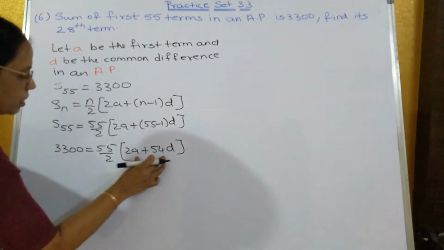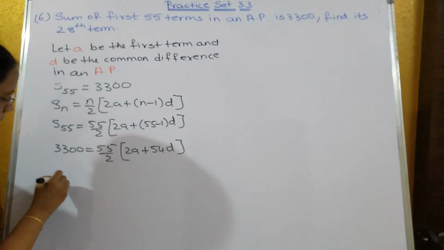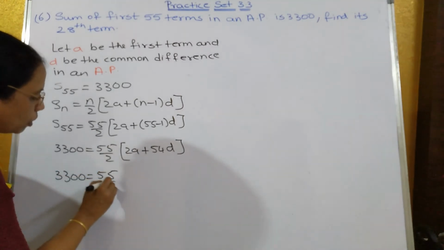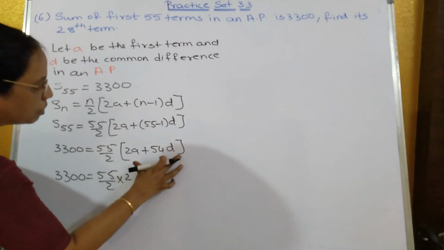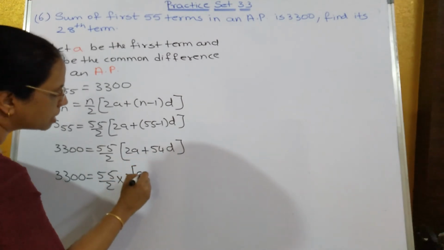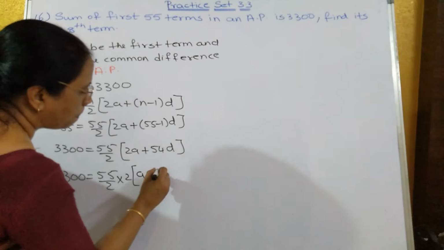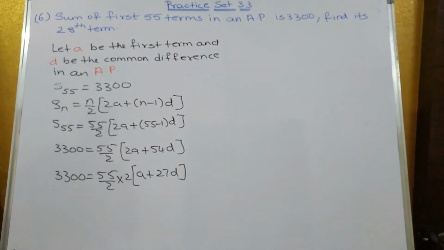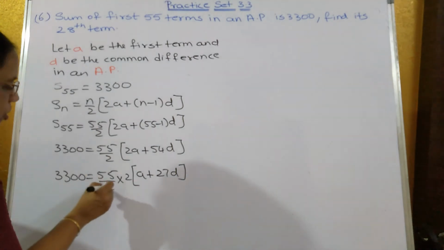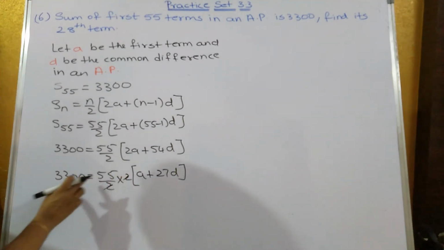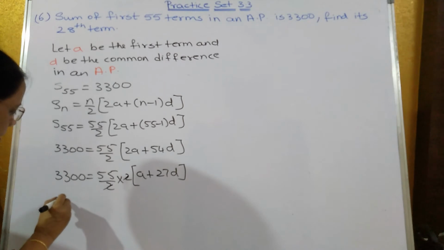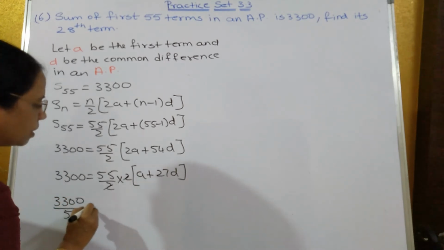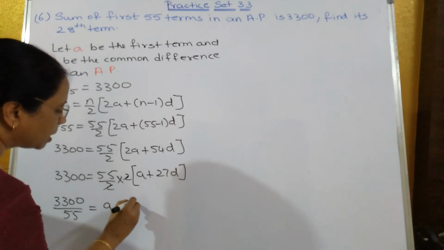Now 2 is common in this, so 3300 is equal to 55 upon 2 into 2 times A plus 27D. This 2 and 2 will get cancelled. Bring this 55 below, so 3300 divided by 55 is equal to A plus 27D.